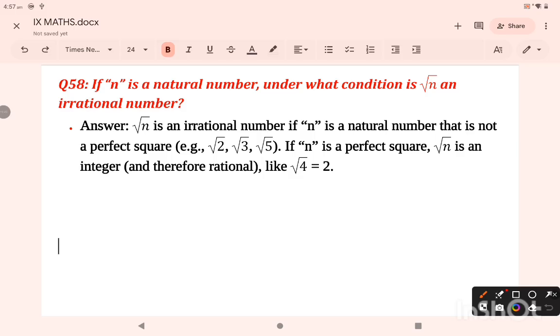For example, root 2. 2 is a natural number. Root 2 is irrational.